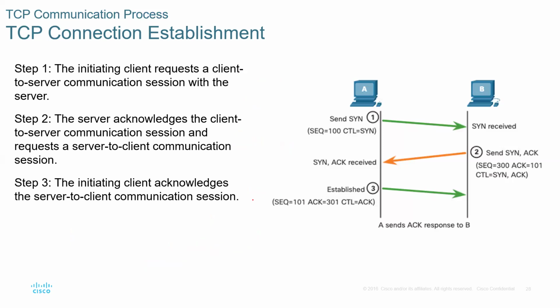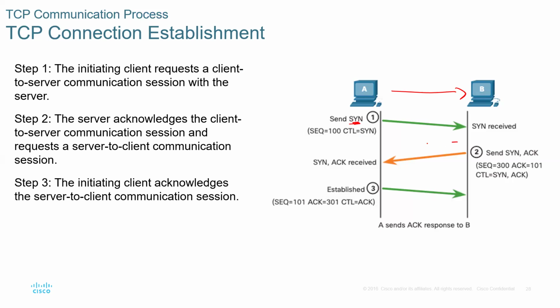The slide is a bit complicated. But basically what is happening with TCP connection establishment is the client sends the SYN. The SYN is a message which says, I want to establish a connection. So you send a message to the server saying, I want to establish a connection with you.